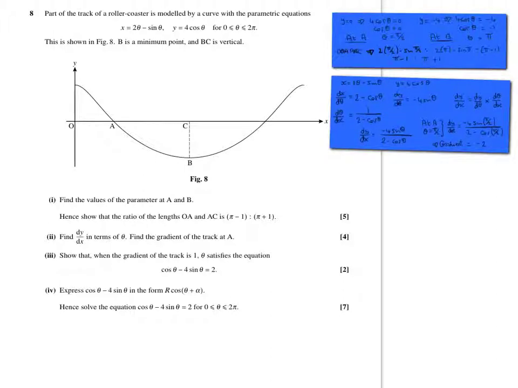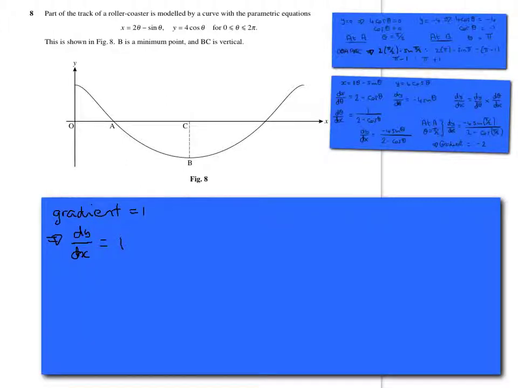For part 3, to show that when the gradient of the track is 1, in other words, when dy/dx is 1, theta satisfies this equation. Well, let's have a look. So, if the gradient is 1, dy/dx is 1. And from before, we know that dy/dx is equal to minus 4 sin theta over 2 minus cos theta.